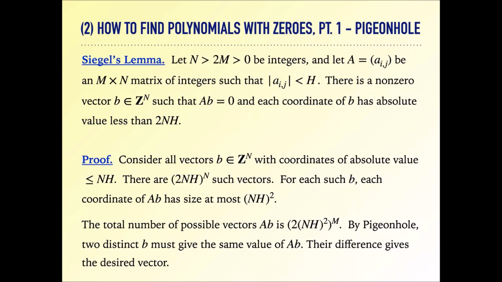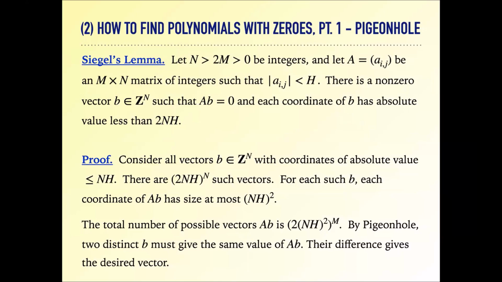So you look at all possible image vectors of B in Z to the n with all coordinates bounded in absolute value by nh. If you multiply A times B, you see what you get, and then by pigeonhole we're going to show that two of them have to be equal.